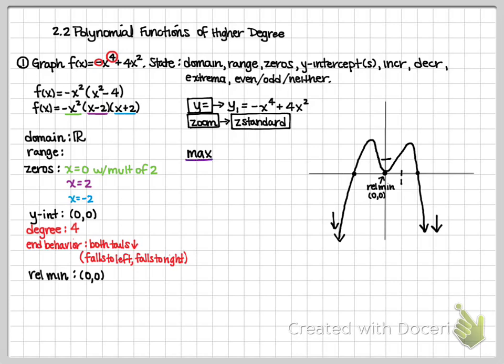So for this maximum, what I'm looking for is this maximum right here. So, my keystrokes. I'm going to go to my Calc button. So for this, I'll go to Calc. After you go to Calc, you're going to select Maximum, which for me is option 4.